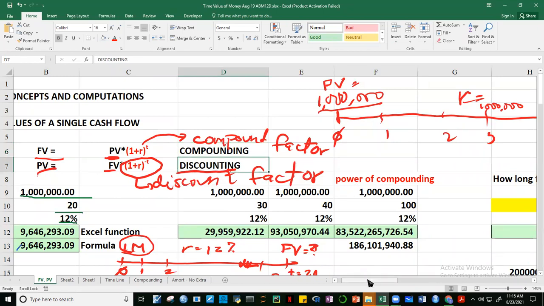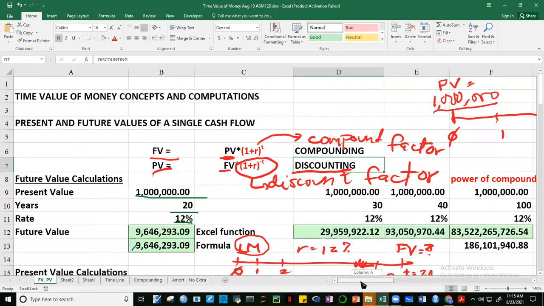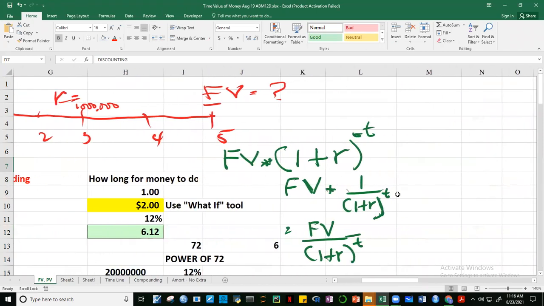So we discount the amount, and the factor by which we multiply the future value is called your discount factor. It's equivalent to 1 plus r raised to the negative t, which is the same as 1 over 1 plus r raised to the t. That's from your algebra.